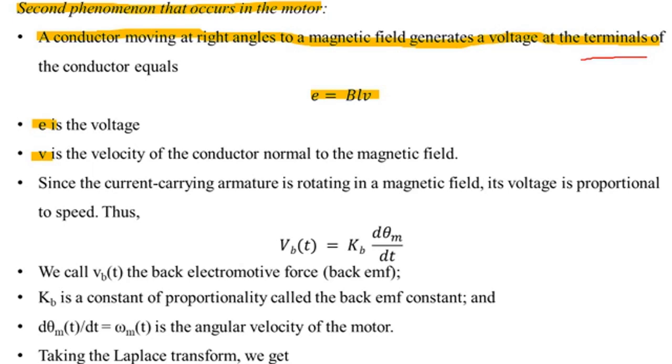The voltage produced at the terminal of the moving conductor is dependent on the angular velocity at which it is rotating, and this voltage is known as electromotive force or back EMF, which is directly proportional to the rate of change of angular displacement, and the proportionality constant is known as back EMF constant.